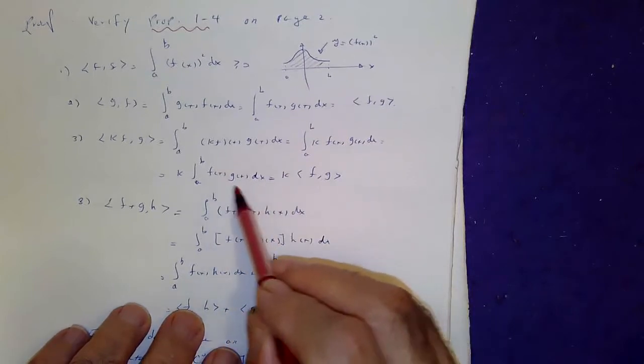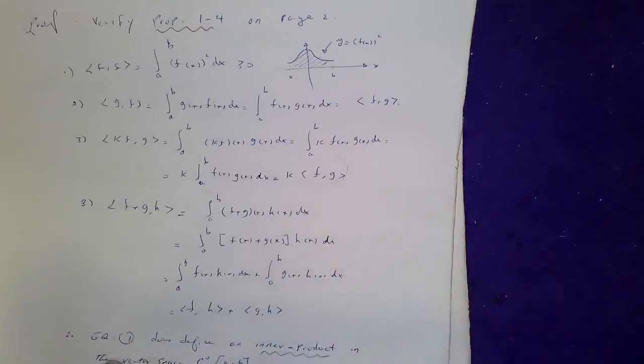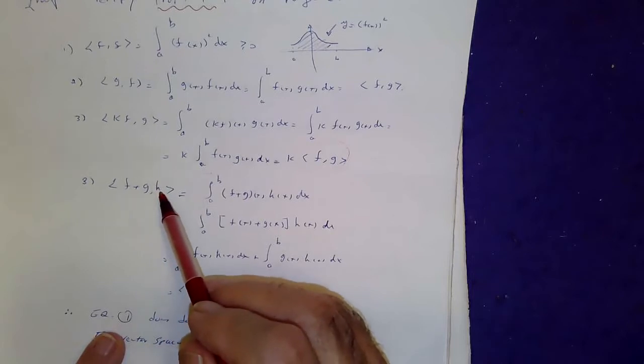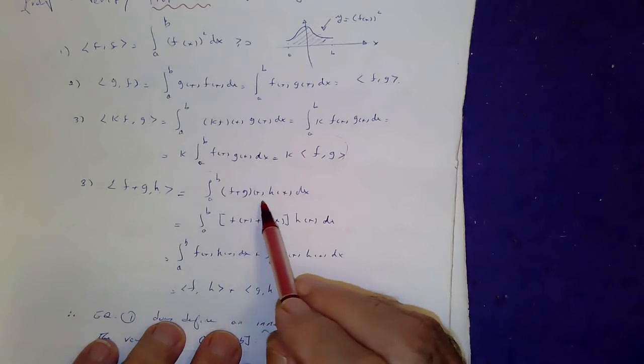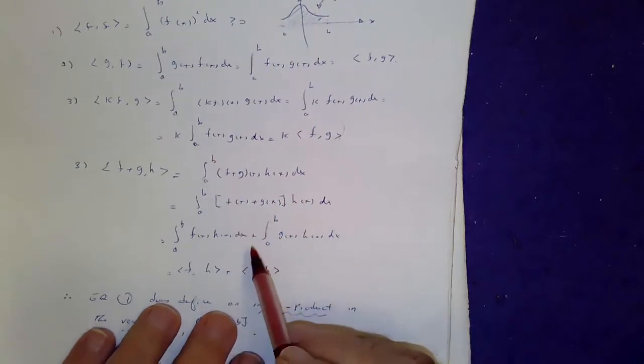But now this integral is exactly the definition of the inner product of f and g. And the last one, the inner product of f plus g with a third function h, is the same as the integral of (f plus g)(x) times h(x), where x goes from a to b.